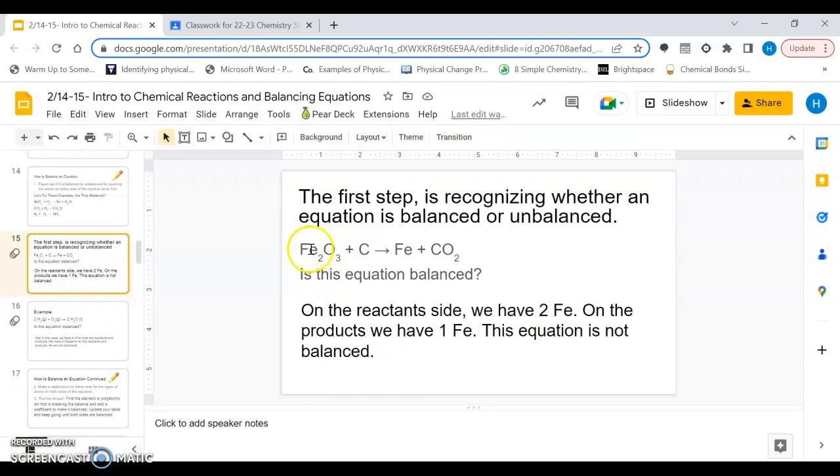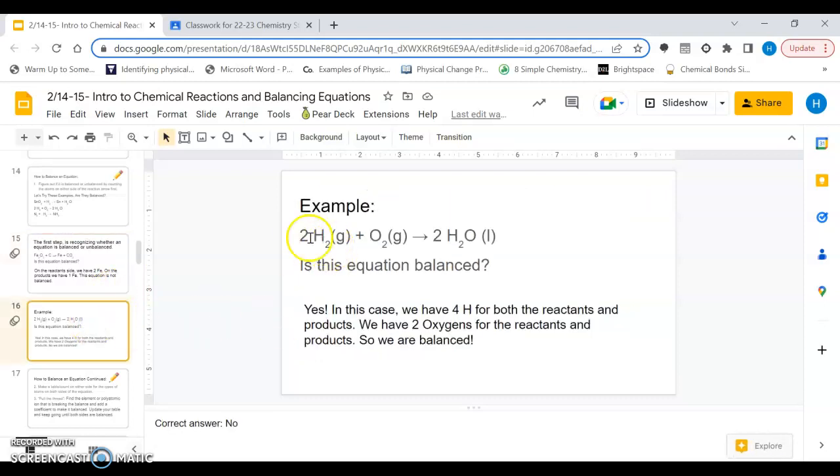If we look at this one, we've got 2 irons on the reactant side, 3 oxygens on the reactant side, and 1 carbon on the reactant side. On the product side, I only have 1 iron, so again, I can already tell that this is not balanced. This is the one that I just did a moment ago, where hydrogen gas and oxygen are being put together.